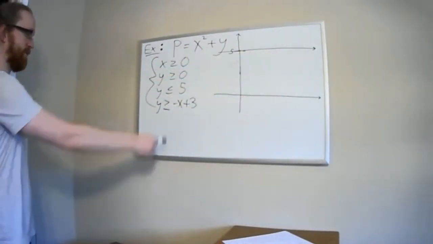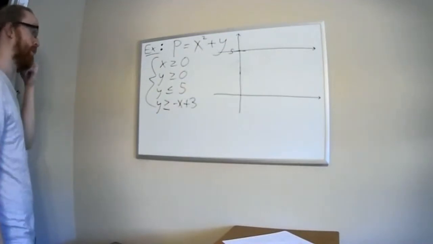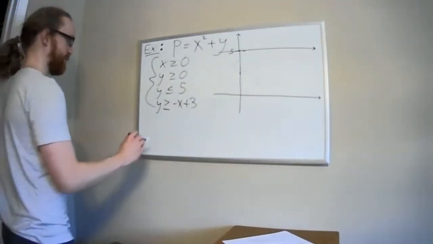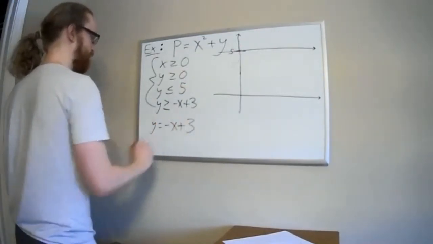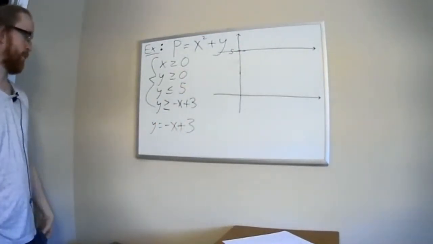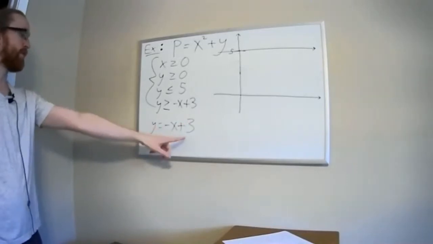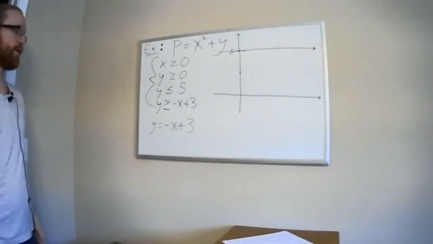The last bit is this inequality here. y is greater than or equal to negative x plus 3. I have to graph the line y equals negative x plus 3. This is in slope-intercept form, conveniently. So I have a y-intercept of 3 and a slope of negative 1.